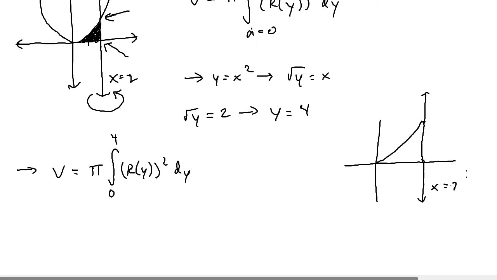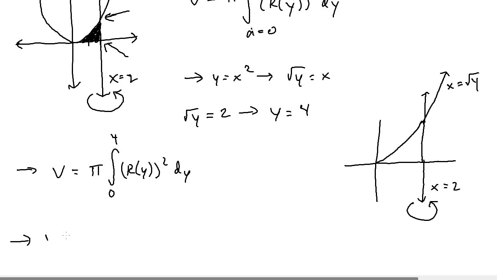And then we have this function, which is y equals x squared, or since we're putting everything in terms of y, I'll put x equals the square root of y. So notice how we're not rotating around the y-axis. This time we're going to do it around the line x equals 2. So that is our axis of revolution.